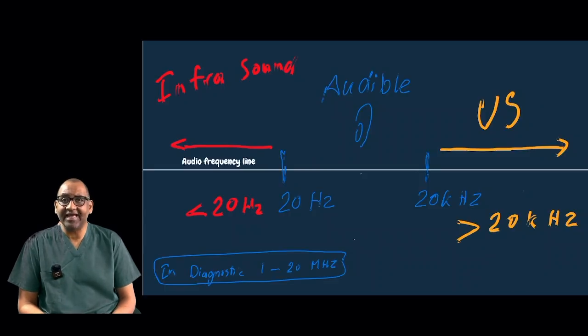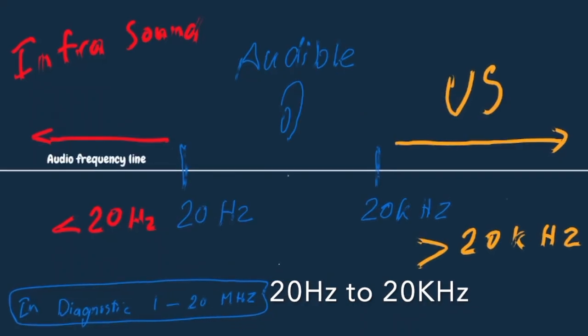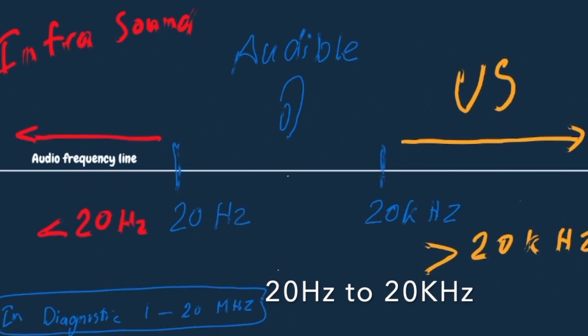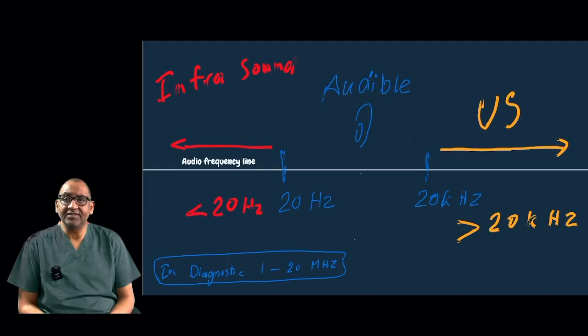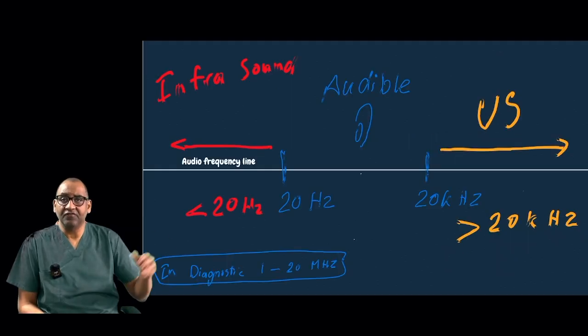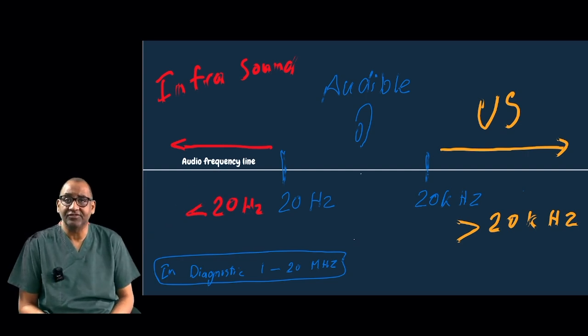If we imagine that the white line has all the audio frequencies in the world, there is only a range where the human ear can perceive sounds, and it's between 20 hertz and 20k hertz. The majority of diagnostics are between 1 and 20 megahertz, and obviously the definition of ultrasound is all the frequencies which are above 20k hertz.